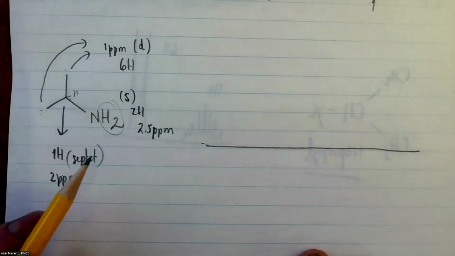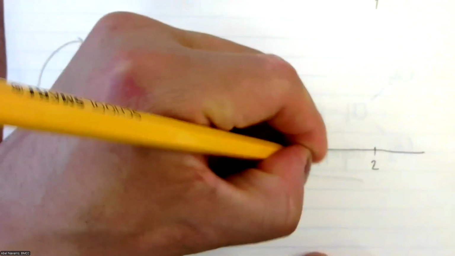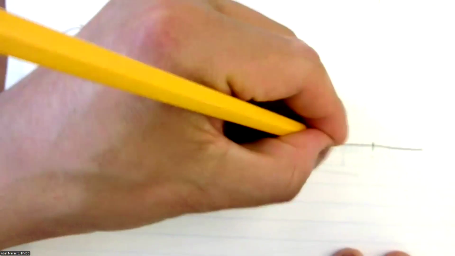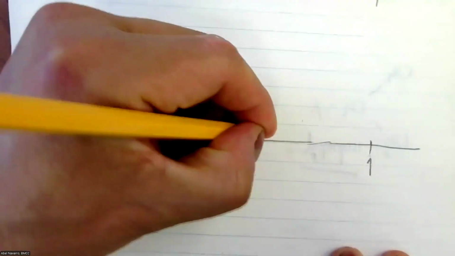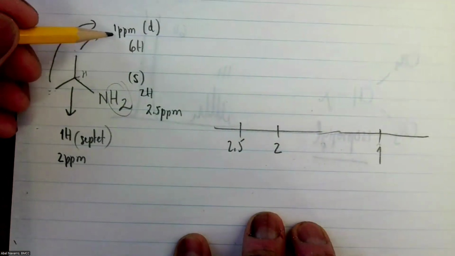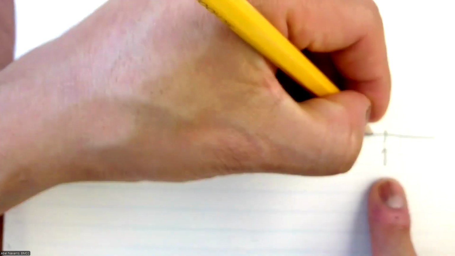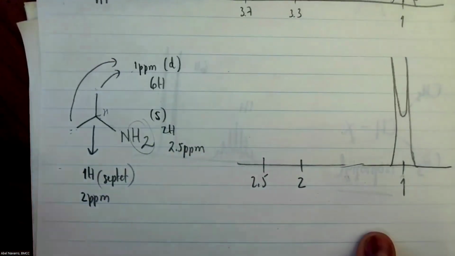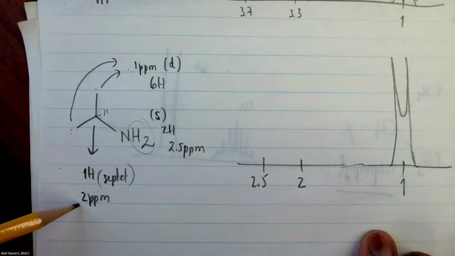I have 1 ppm, 2 ppm, 2.5 ppm. The one at 1 ppm is a doublet, 6 H's, a really tall doublet. Then at 2 ppm, septet, 1H, very small.